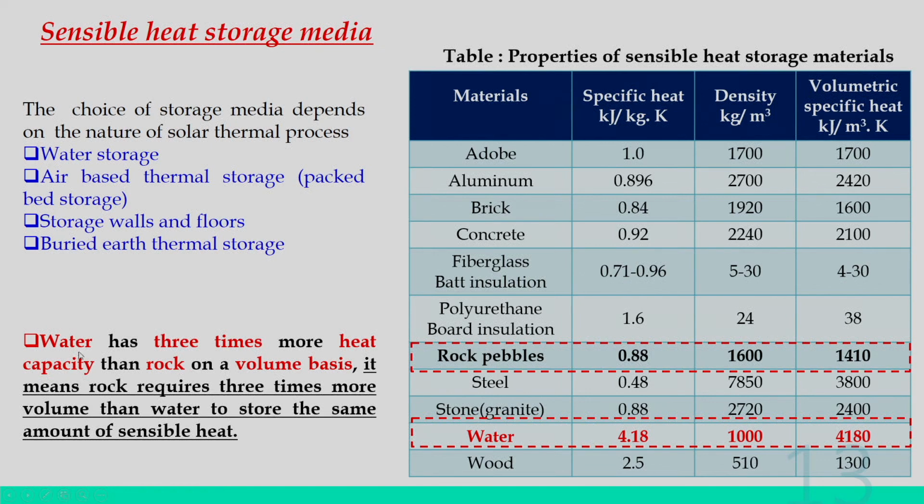Okay? So, what does that mean? Water has 3 times more heat capacity than rock on a volume basis. It means rock requires 3 times more volume than water to store the same amount of sensible heat. This is an important observation that tells about the size of vessel required for storage of the same amount of energy.